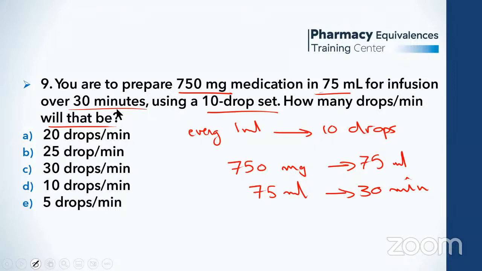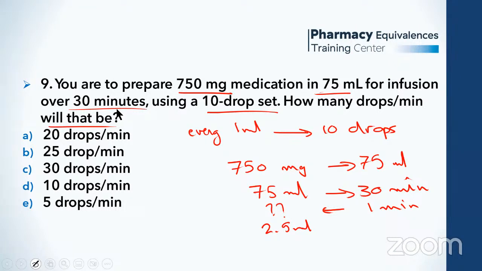So how many milliliter are injected per 1 minute? 75 over 30, let us calculate it. It is 2.5 milliliter injected every 1 minute.